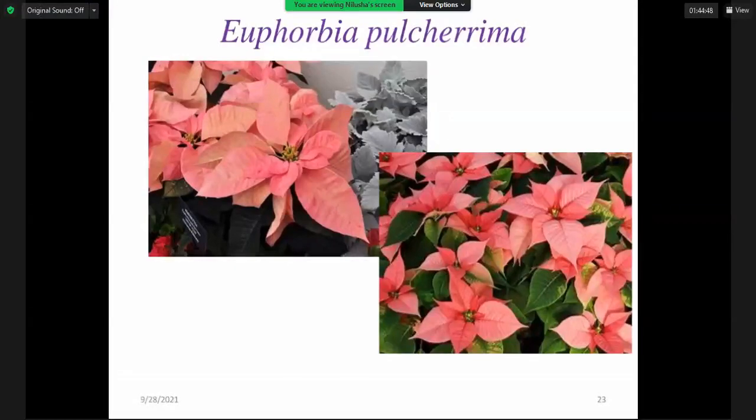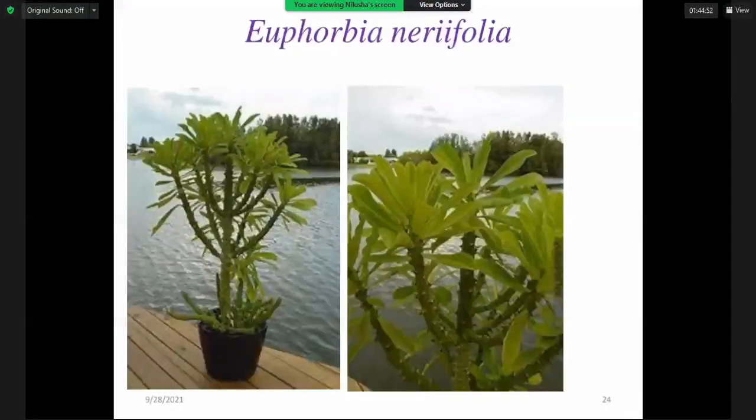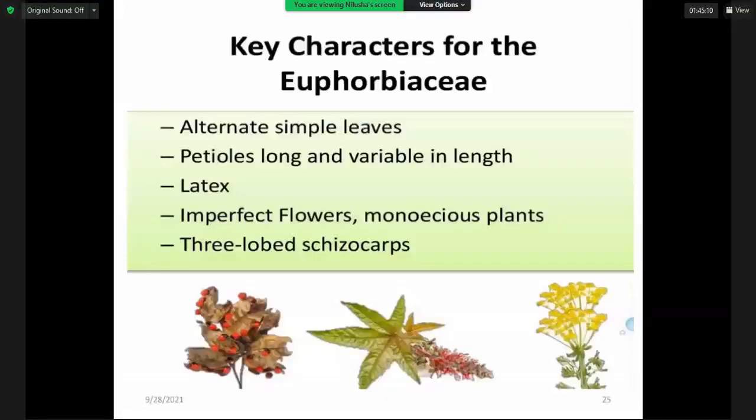This one is Euphorbia nerifolia. All these plants have latex within the leaf and the branch. These are some characters of the Euphorbiaceae family.